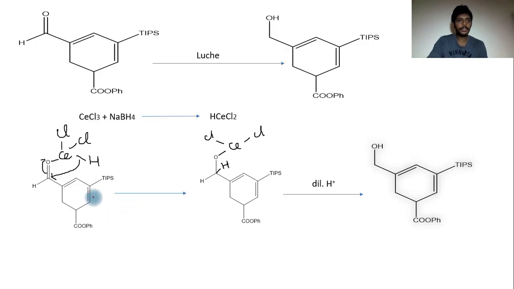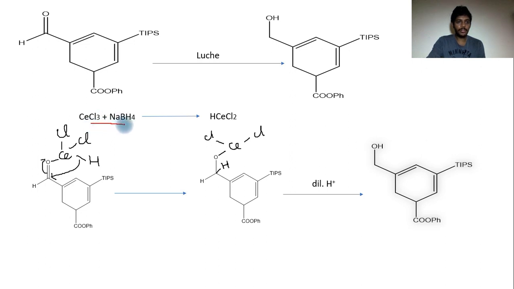Let's see some examples. This is the reactant. You see here the alpha beta unsaturated ketone is present. We are doing the Luche reduction reaction. This alpha beta unsaturated ketone is reduced to alcohol. Let's see the mechanism. In the first step, CeCl3 reacts with sodium borohydride.